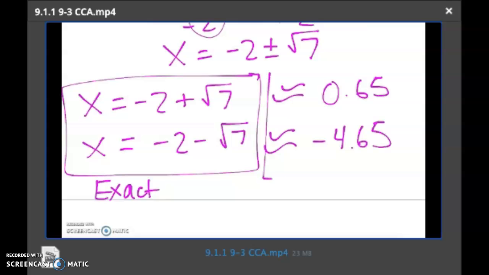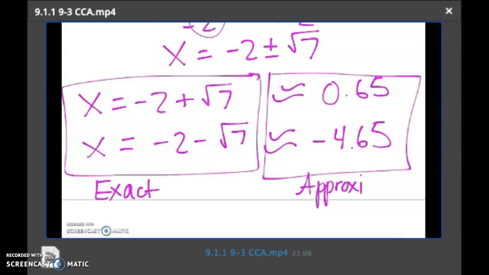Those would be my approximate answers. So if a question asks you to solve for the exact roots, you want to leave your answers with the radicals. If they want the approximate roots or you're trying to graph it, you would take that exact answer, put it in your calculator, and get the approximate decimal values.